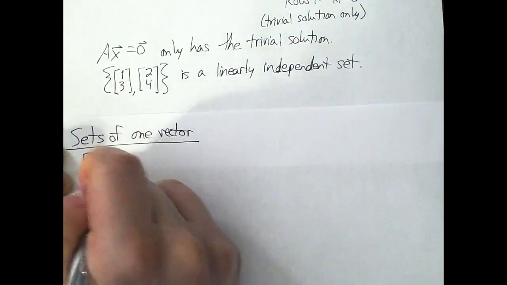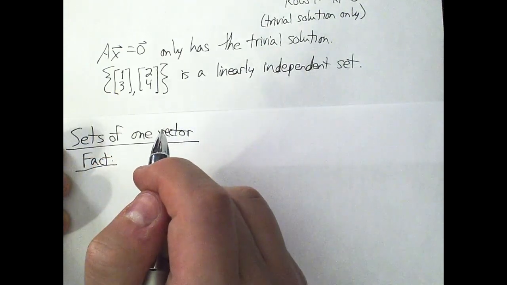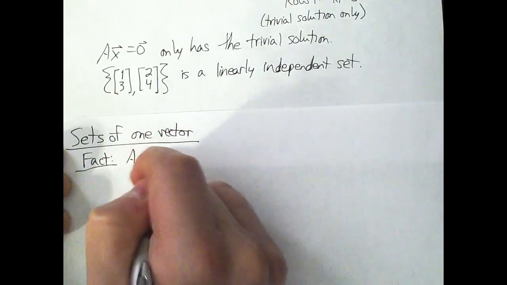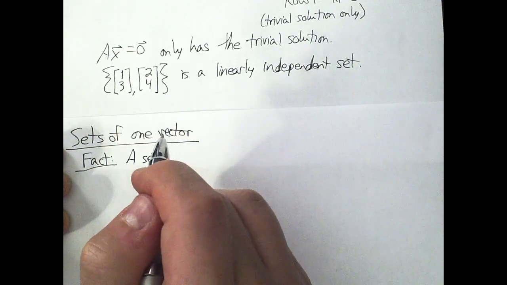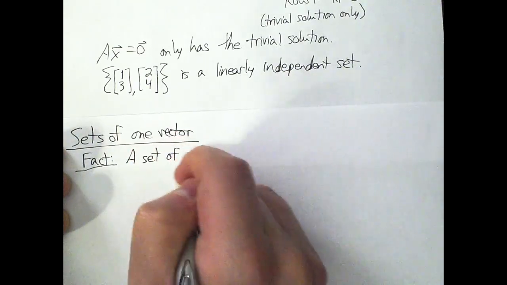Fact. I don't think that this is called a theorem. I think this is something that kind of follows from the definition of linearly independent. A set of one vector.